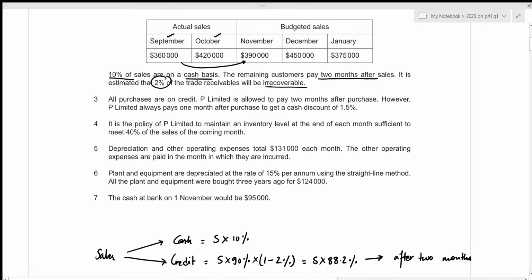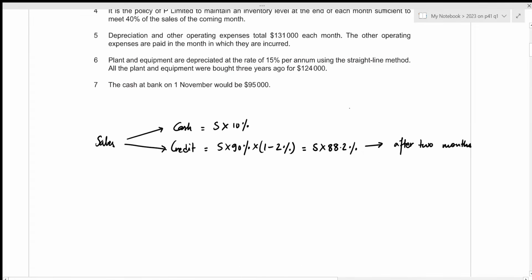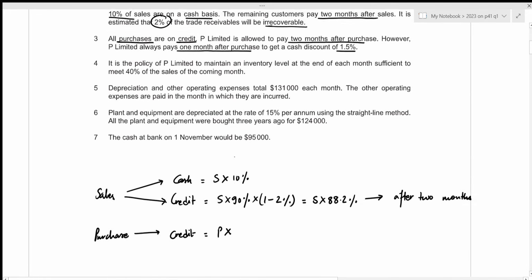Okay. Then all purchases are on credit. P Limited is allowed to pay 2 months after purchase, similar to what we did for sales. However, P Limited always pays 1 month after purchase to get a cash discount of 1.5%. Okay, so all purchases will be on credit. So that is just purchase times 100%, or we don't have to write anything in this case.